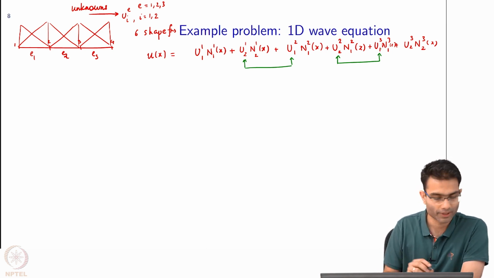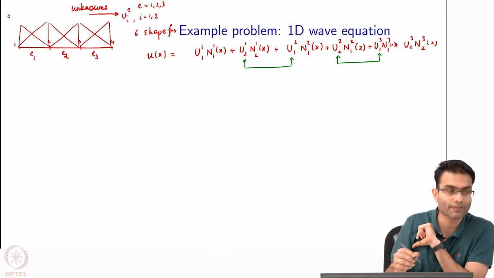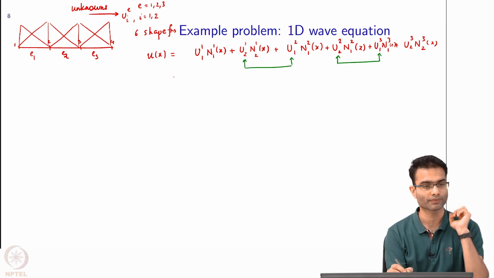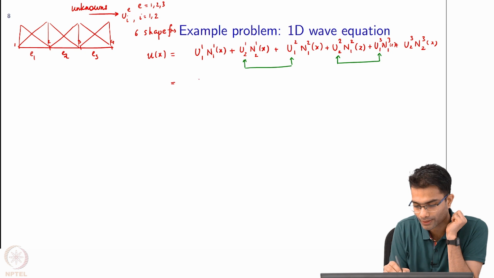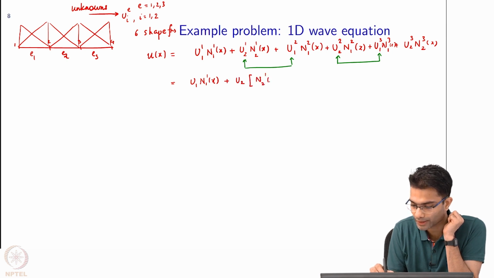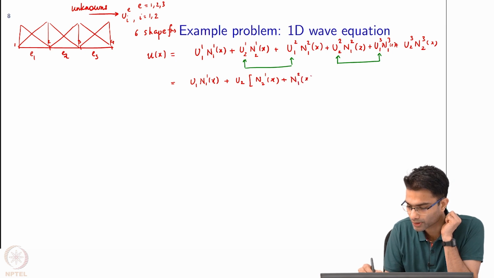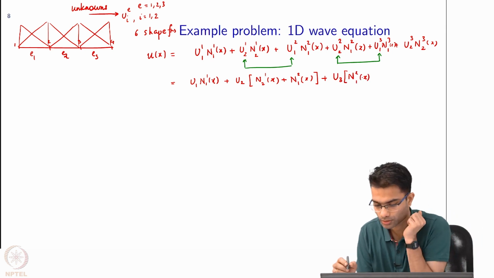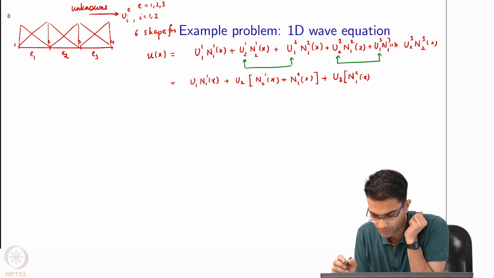So, what you could do is rewrite this, moving from local to global. I could write it like this: u1 N_1^1(x) plus u2 times N_2^1(x) plus N_1^2(x), plus u3 times N_2^2(x) plus N_1^3(x). Have I made a mistake somewhere?